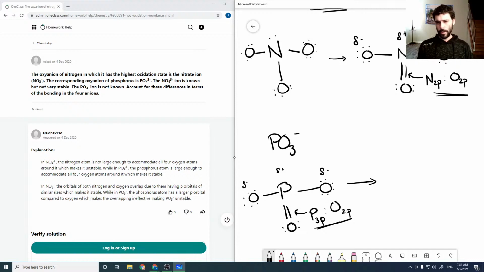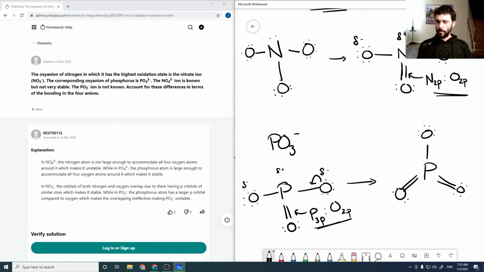Alternatively, we could draw this, especially because phosphorus can become hypervalent, as this structure, where phosphorus now has 5 bonds, but that's okay. Phosphorus can deal with that.